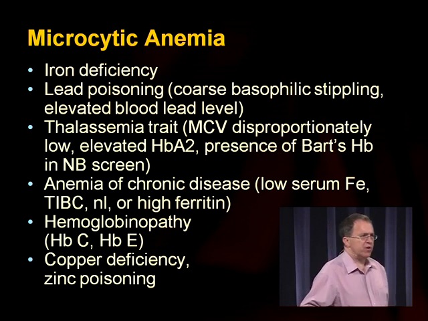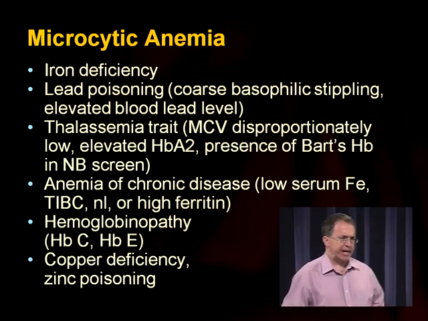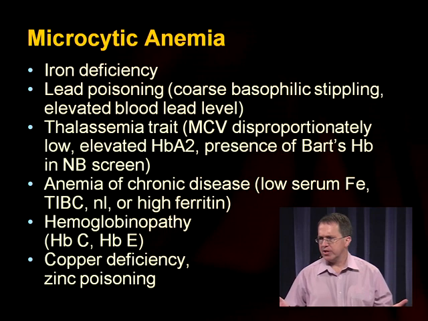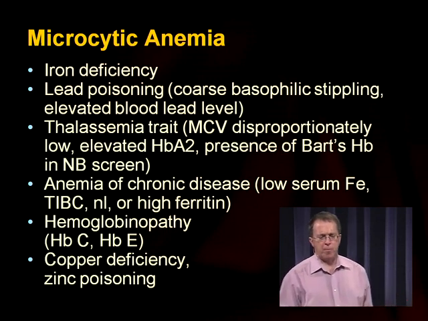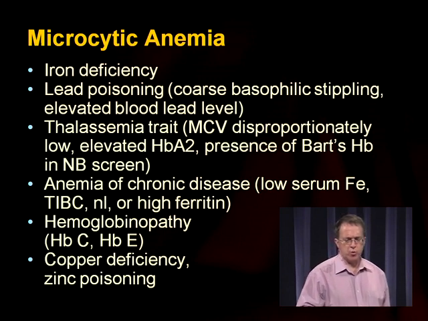Really what anemia of chronic disease is, you got enough iron. It's just the chronic disease, the inflammation, is interfering with the body's ability to use it, with that high ferritin. You can also get microcytic anemia if you have some of the other odd hemoglobinopathies, like hemoglobin C or hemoglobin E, and it can even come up with copper deficiency or zinc poisoning.